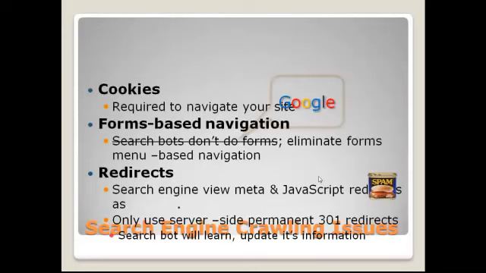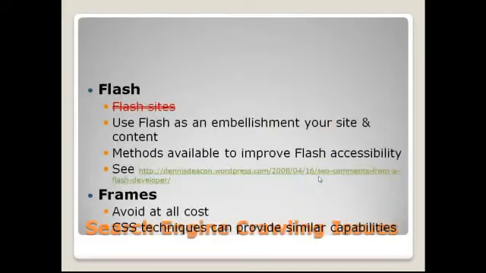So a search bot will learn and update its information based on that redirect. Again, as far as crawling issues, if you take anything away from this presentation, make sure that you're 301 redirecting and not 302 redirecting, or I'm going to come and get you, because that's very, very important.